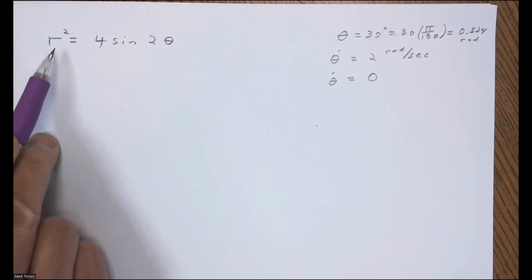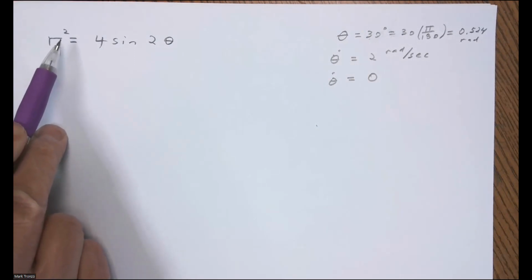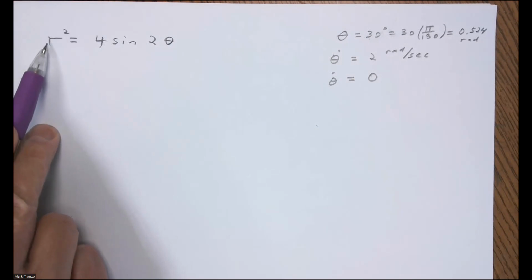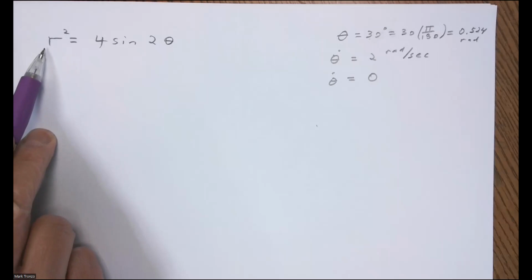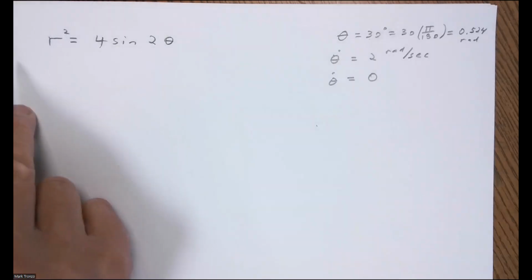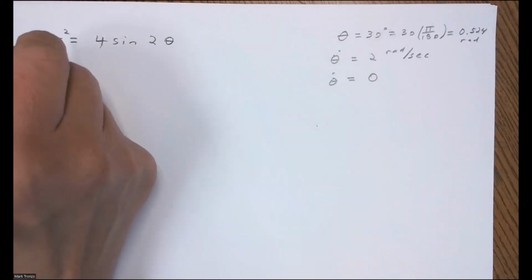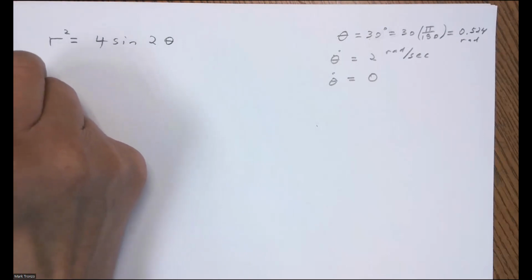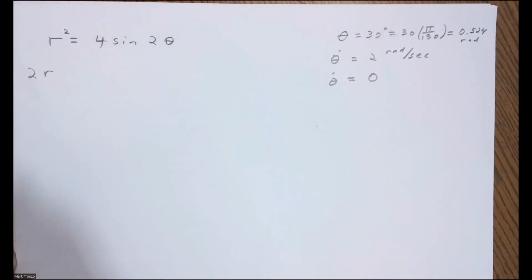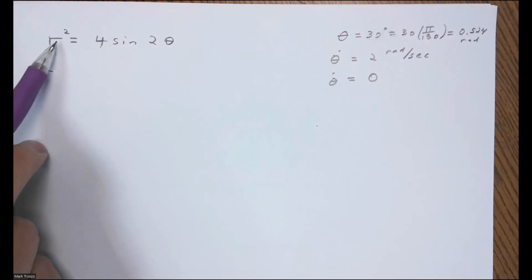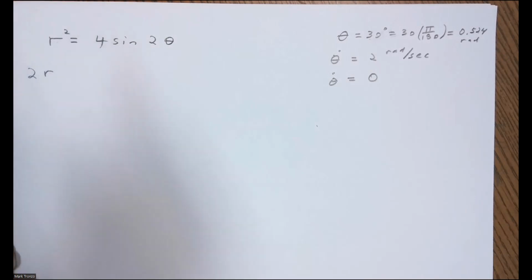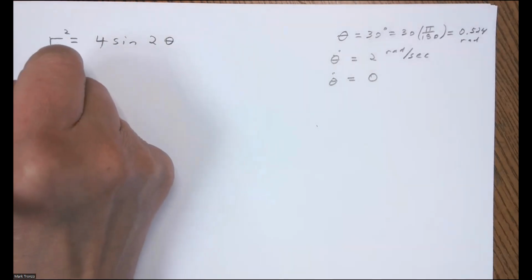Now, normally we have an r on the left side, but this time we have an r squared, so we have to use the chain rule again. So we're going to take the derivative all the way across. On the left, we'll have 2r, but we're taking the derivative with respect to time, so we have to take the derivative of this, which is going to be r dot.